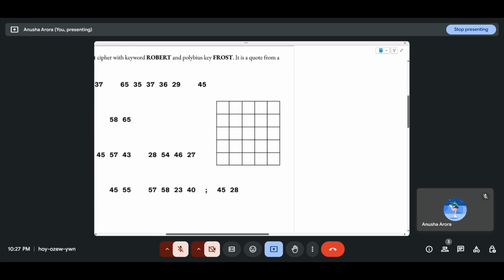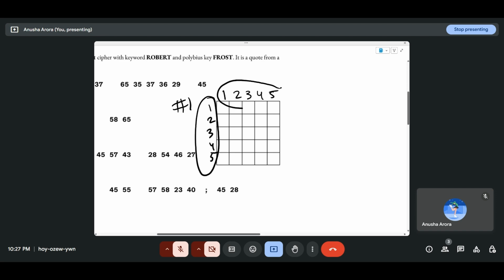So I'll just do a quick example of encoding, and then we can work on decoding this problem. So let me change to black really quick. What it's going to look like is 1, 2, 3, 4, 5, 1, 2, 3, 4, 5. And just for reference, you always look at the one going up and down first, and then you look at the one going left to right.